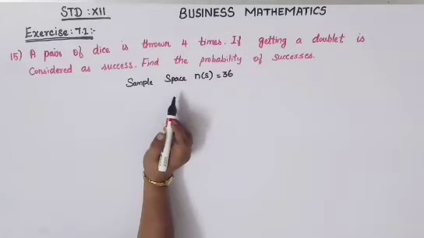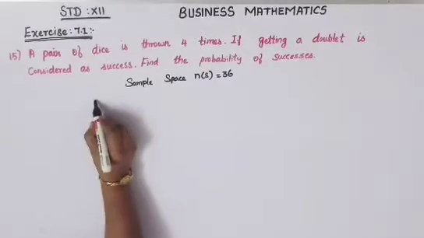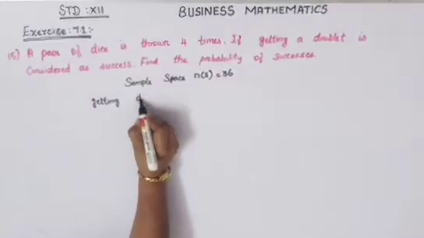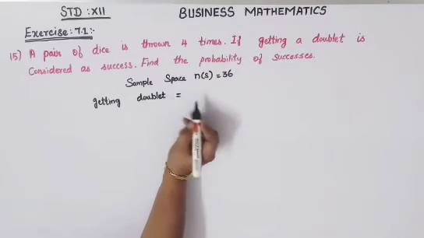So the condition is getting a doublet. Getting a doublet means you will have to get the same numbers. That is called a doublet.